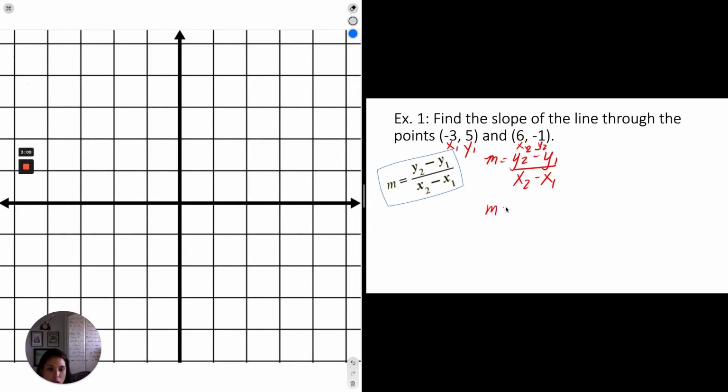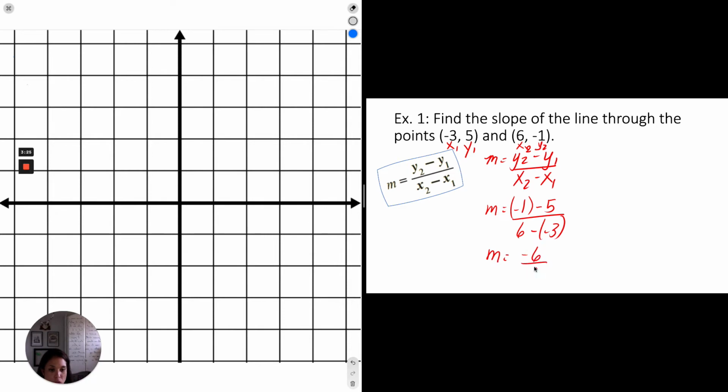Okay, so slope equals, my y2 is -1, put that in parentheses, minus y1, which is 5, over x2, which is 6, minus -3.